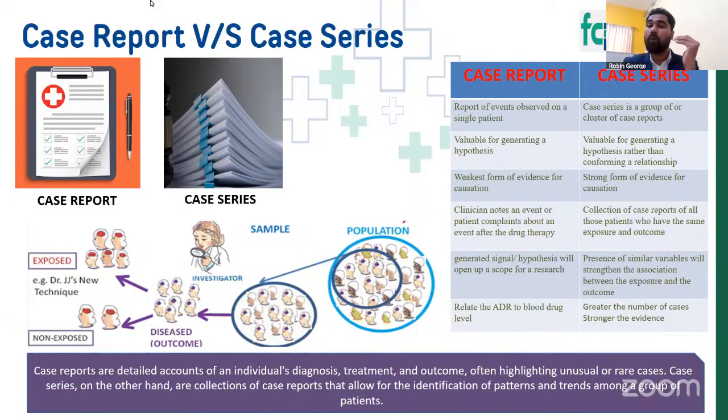Whereas if I go again and tell the same neurologist, sir, 10 of your patients I have noticed, you gave phenytoin and all 10 have symptoms of Steven-Johnson syndrome, that is a case series. It is strong evidence, and now the physician cannot object. So this is the difference between case report and case series, because in a case report there is multiple chance.